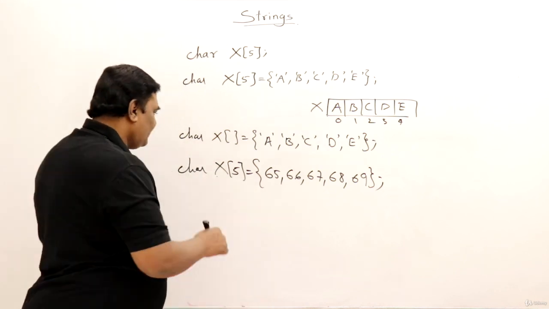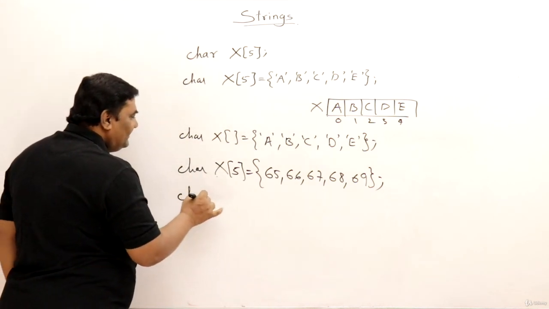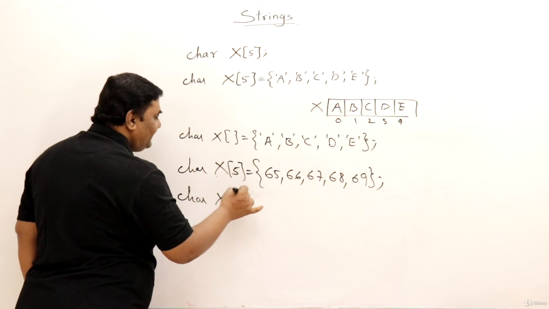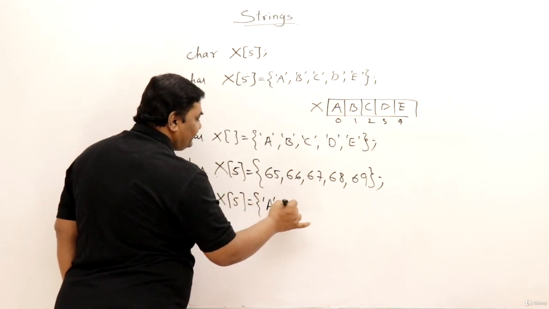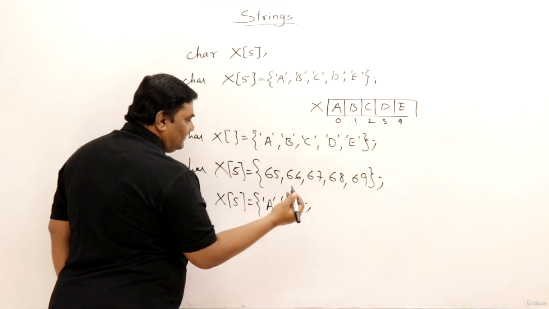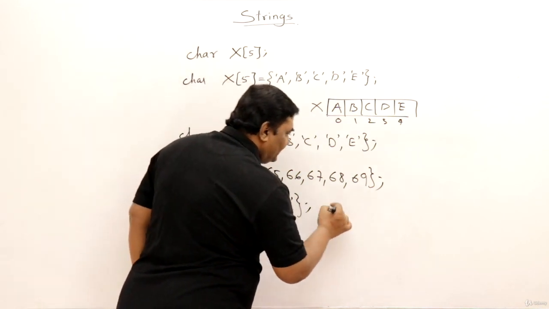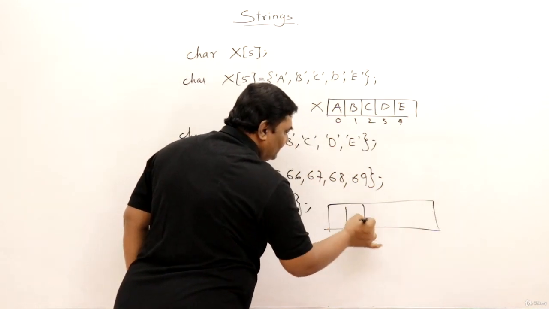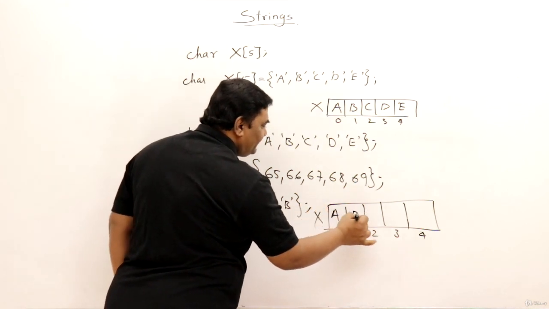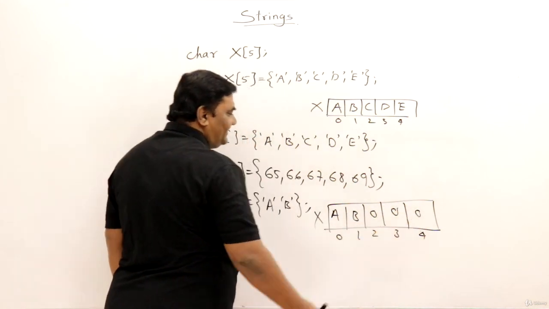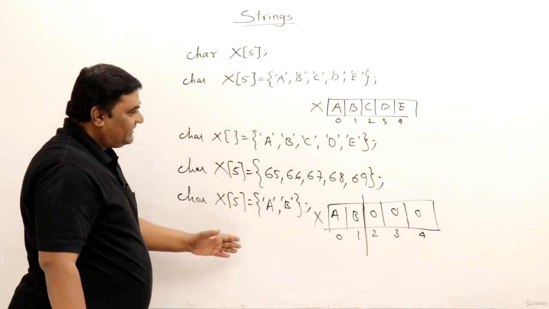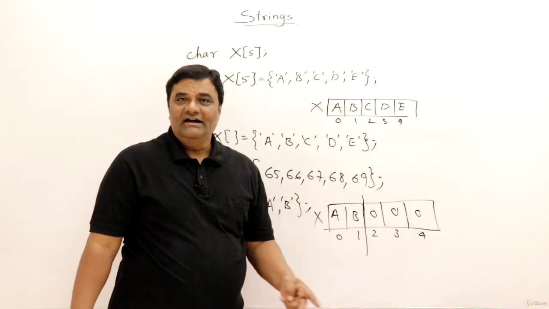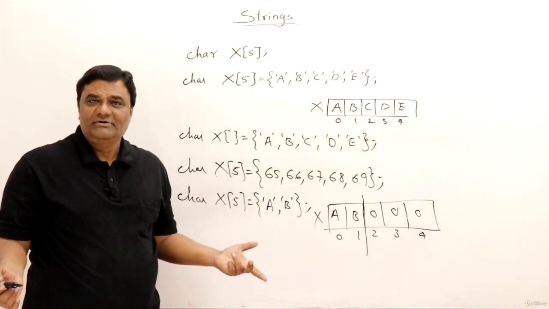Now I will create one more array. I'll create a char array of size 5, and I will mention only 2 alphabets. Now in the array that is created, only alphabets A and B are stored, and the rest are zeros, initialized with 0. So the set of characters is only till here, but the array size is a total of 5. I have only 2 alphabets. So yes, it is possible.